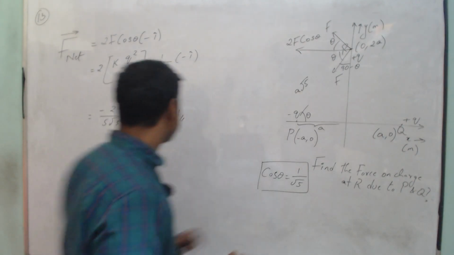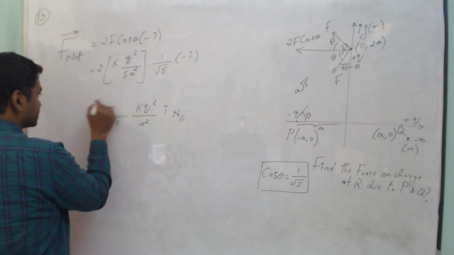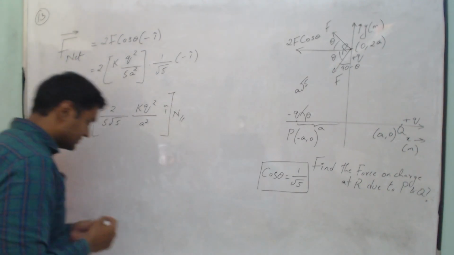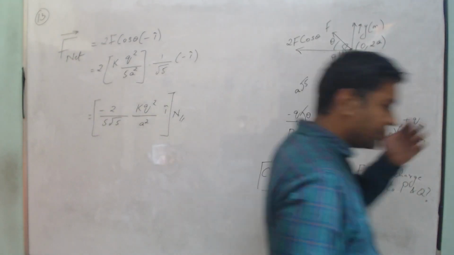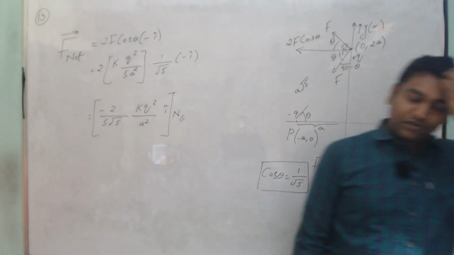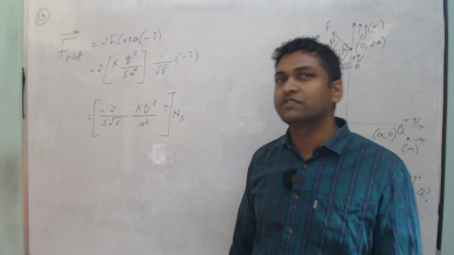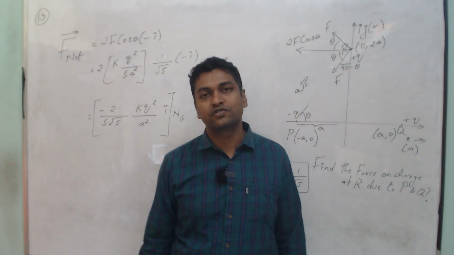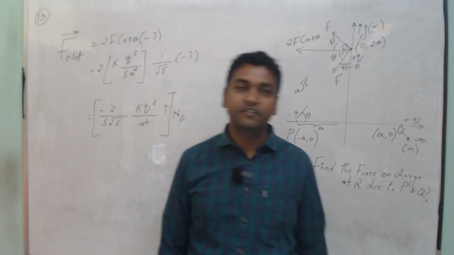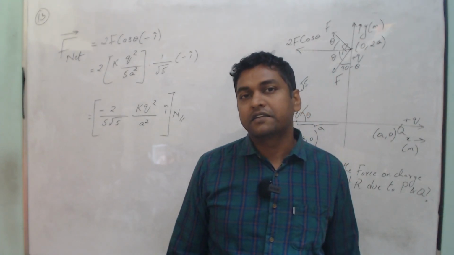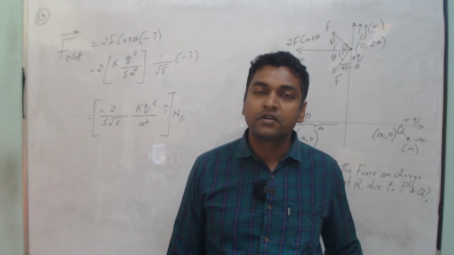Sir, I took forces as F and minus F, and direction is along minus j cap. I told you the problem has nothing to do with Coulomb's law. Most students always have problems in vector form.